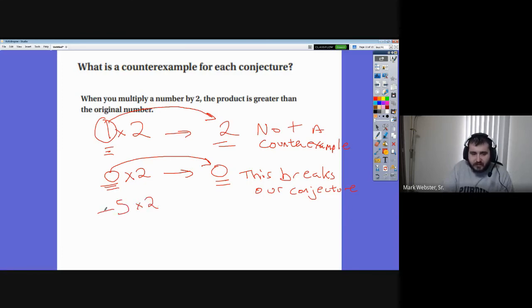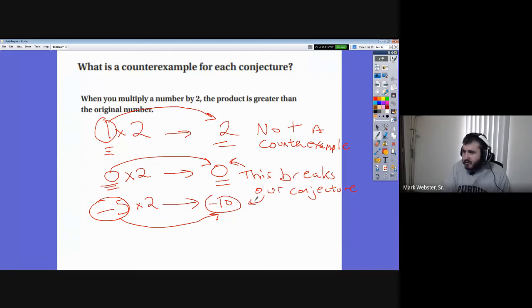Let's say negative 5. Negative 5, if I multiply that by 2, does that get bigger? Is negative 10 bigger than negative 5? No. It's more negative, so it's smaller, right? So these two here are examples of ways that you can show, hey, it doesn't work. Here, it stays the same. That's not greater than. Here, it gets smaller. That's definitely not greater than, yeah? So that's what we're talking about.